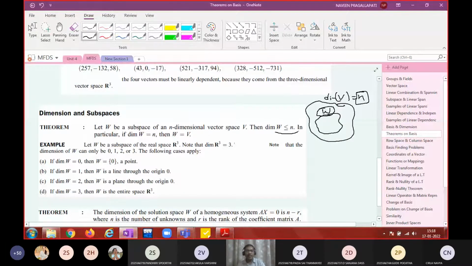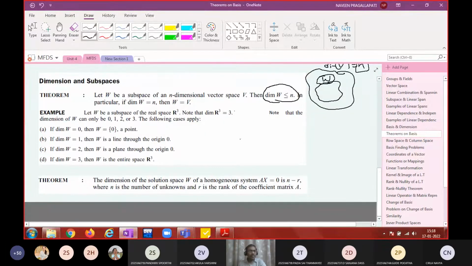That is not possible, right? So that is what the result says. The dimension of every subspace is at most n. That means the dimension of a subspace is always less than or equal to n. I will come back to this point again.